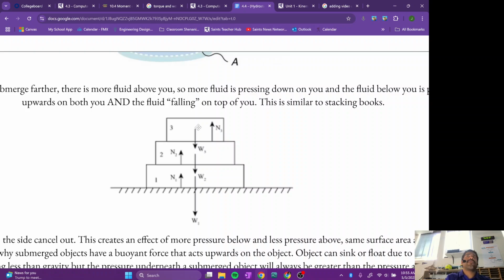Which book is experiencing the most force? The bottom book, because we have the two books on top of that. You can think of these also like air particles, where the more air that you have on top of you, the more that's pressing down on you. And same thing with water as well. The more water or fluid that is above you, the more that's pressing down on you.